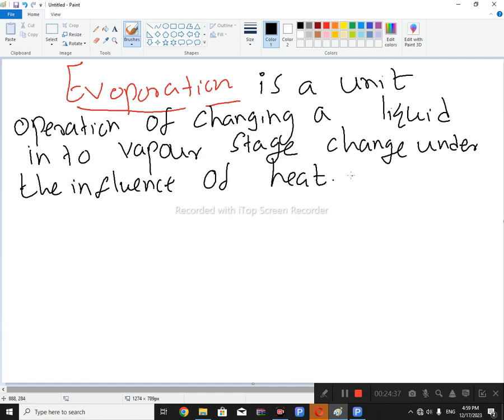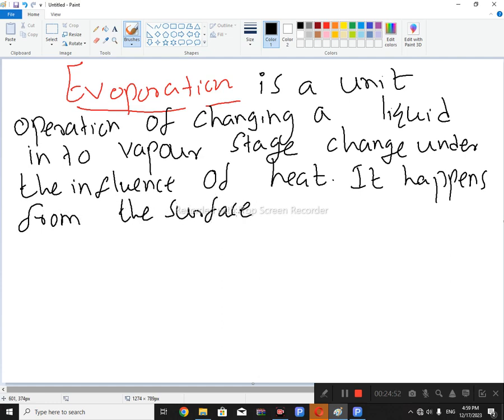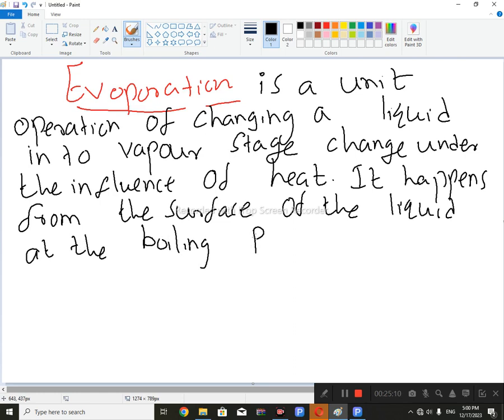It happens from the surface of the liquid at the boiling point or under boiling.